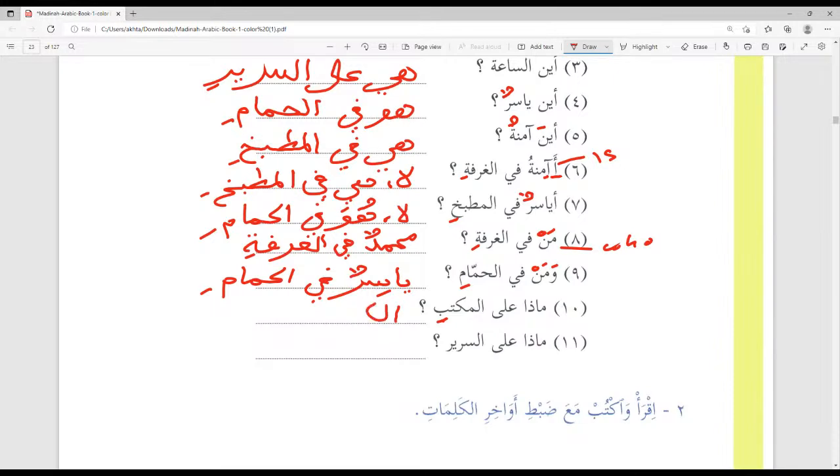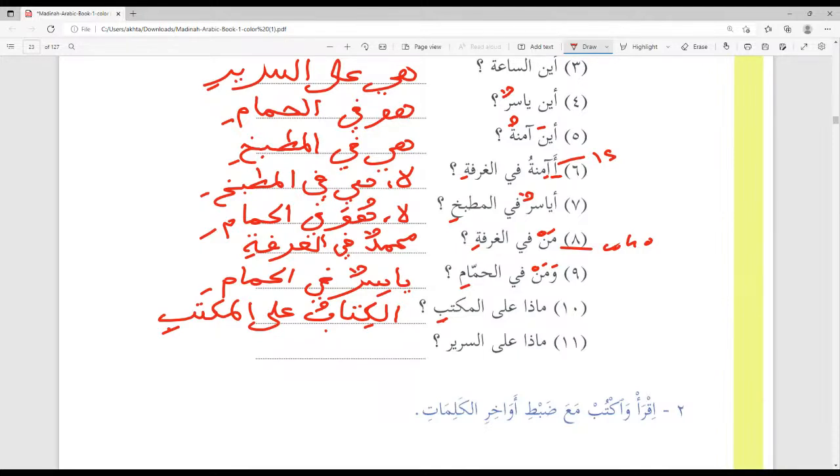That's correct, but we just have to say الكتاب على المكتب. In the Arabic language, to be short and concise is always the best thing. When your speech is shorter, then it's better. الكتاب على المكتب.